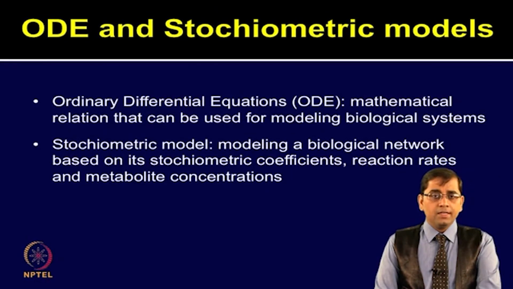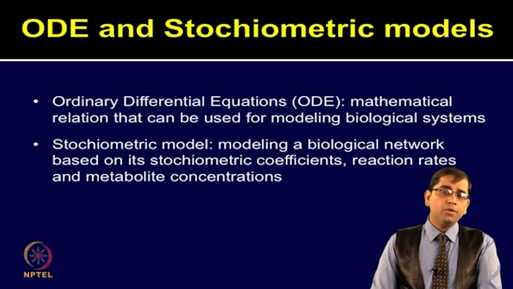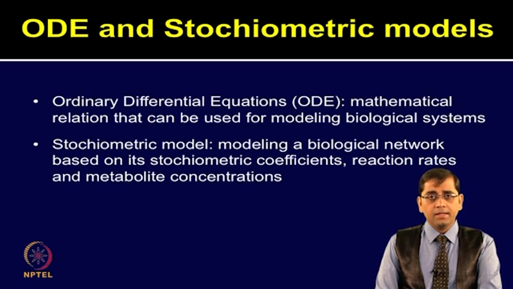The quantitative analysis measures and names to make models for precise kinetic parameters of a system's network components. It also uses properties of network connectivity. The ODE is a mathematical relation that can be used for modeling biological systems. The quantitative models mostly use ODE to link reactant and product concentrations through the reaction rate constant.